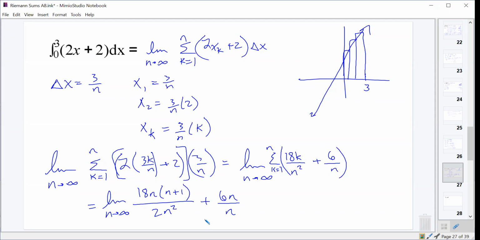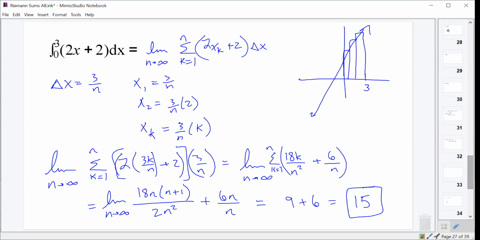Good or no? Good. And what does that become? 18 over 2 plus 6, or 9 plus 6, which is 15. Good or no? Everybody okay with that? Yep.